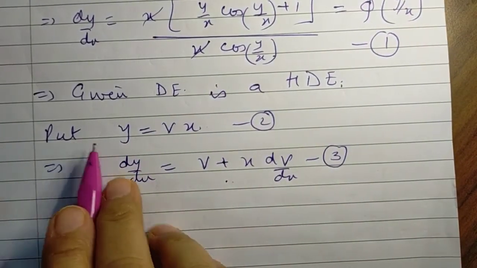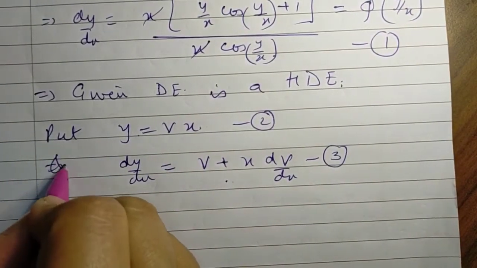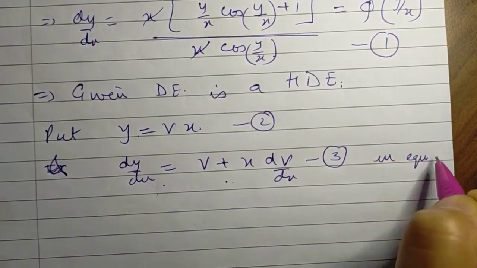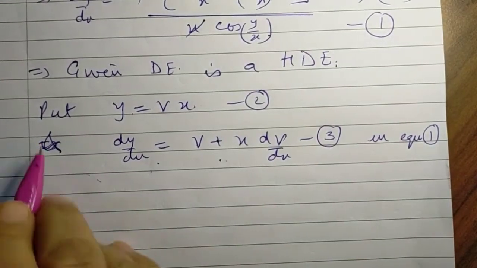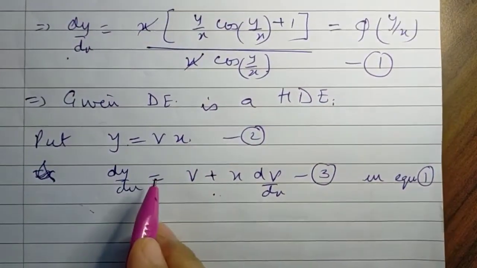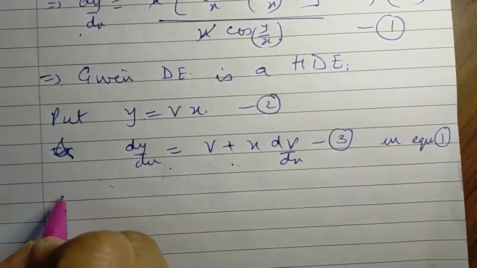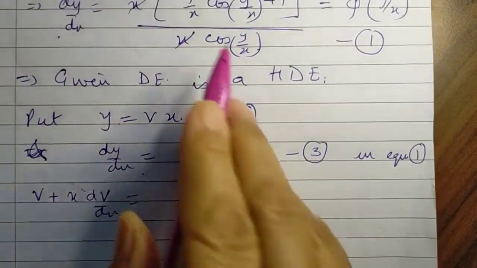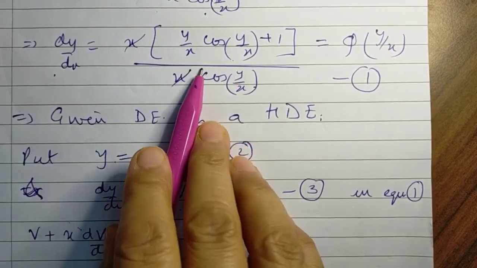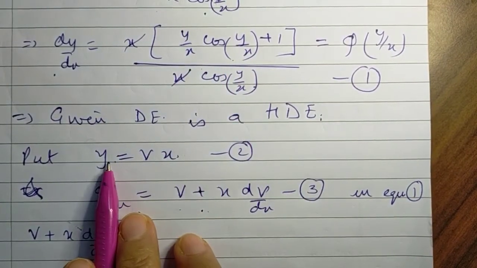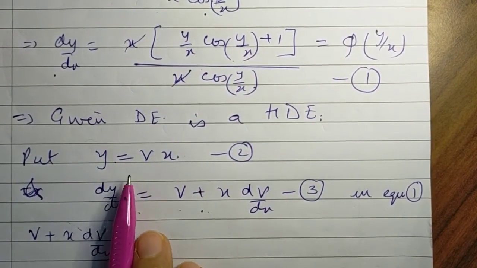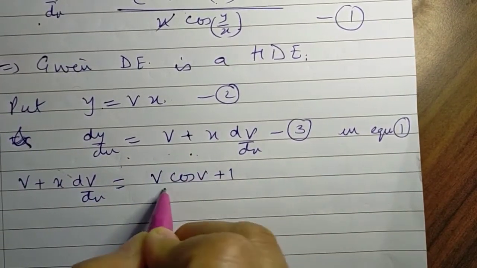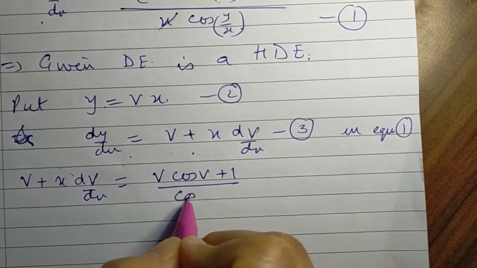So we have to put this and this in equation number 1. What do we get? In place of dy by dx, we write v plus x dv by dx is equal to, wherever y by x appears, we write v, since if y is equal to vx then y by x is equal to v. So we get v cos v plus 1 upon cos v.